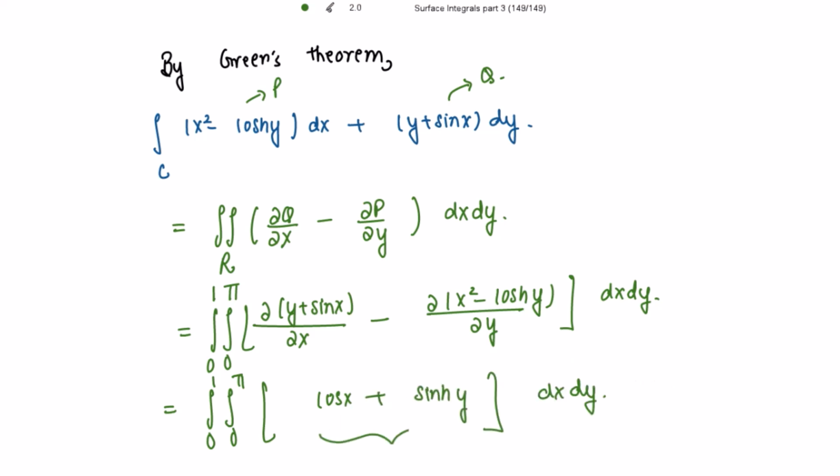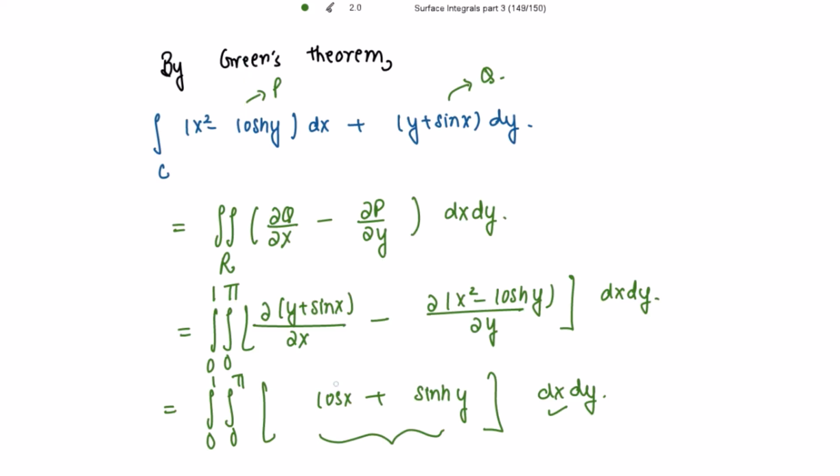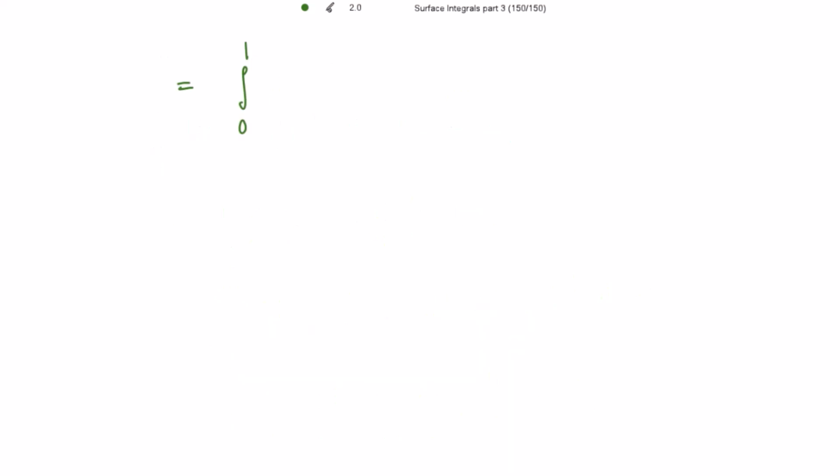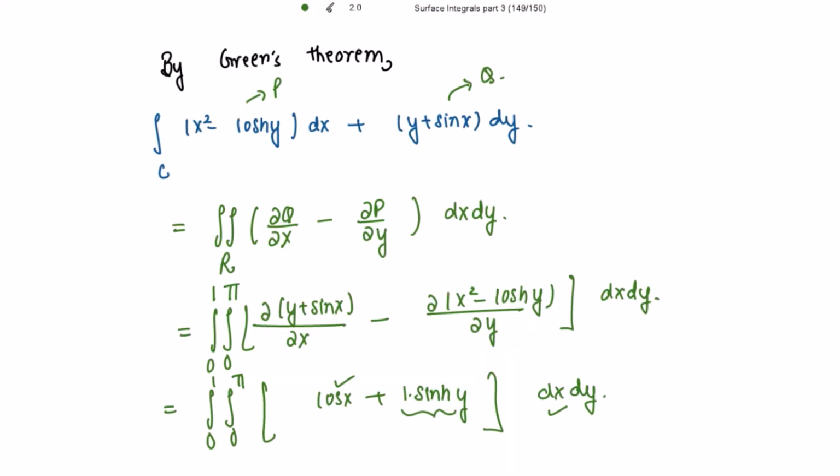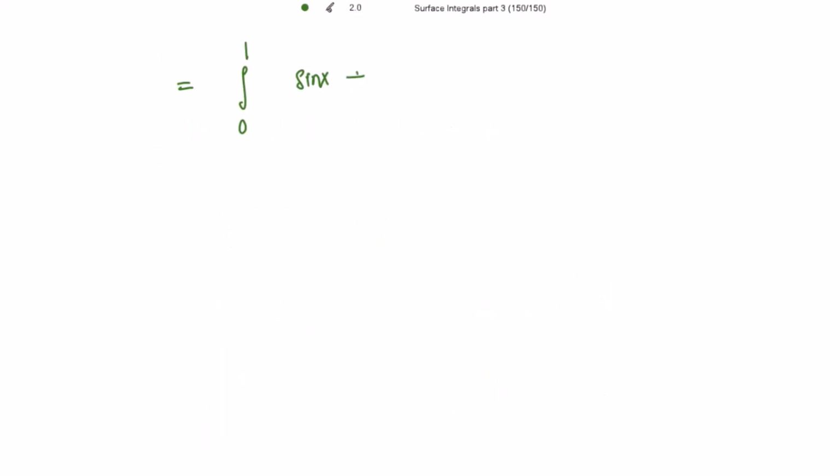Now let's integrate this with respect to x first. So this is equal to the integral from 0 to 1 of: integrating cos x with respect to x gives sin x, and integrating sinh y with respect to x gives x sinh y, with the limits of x from 0 to pi, dy.